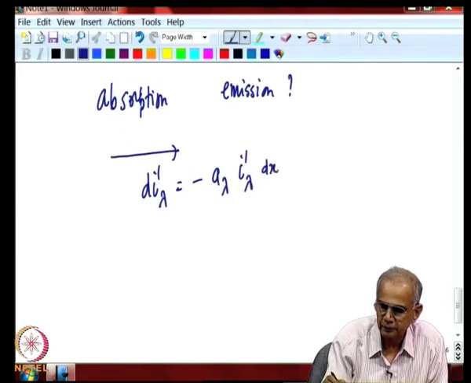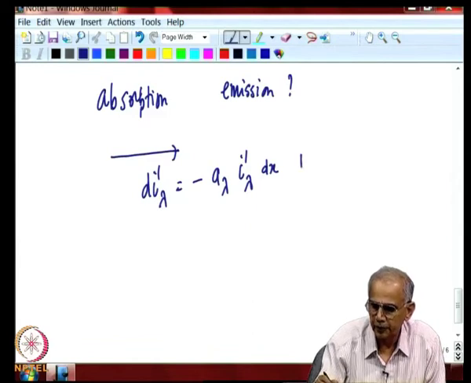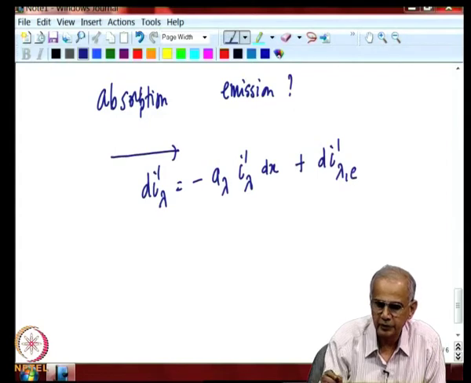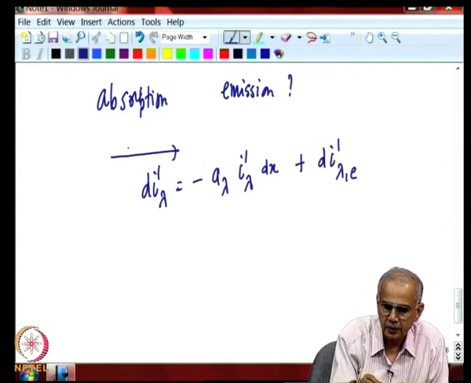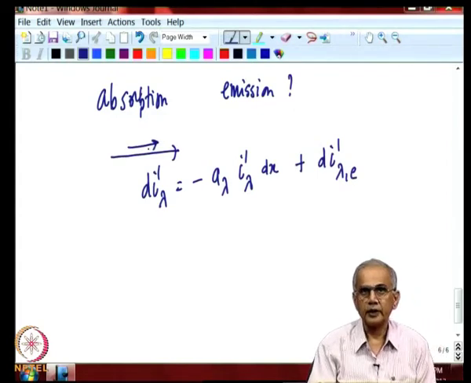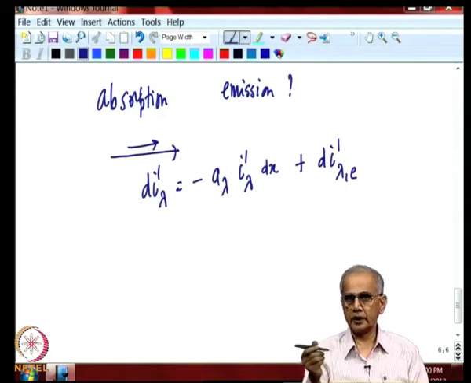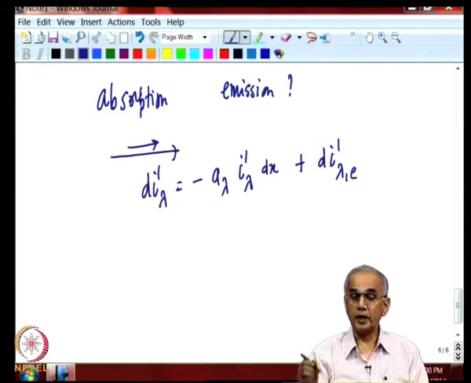This is this quantity, but there must also be an increase in the number of photons due to emission of the gas along that direction. So, gas emits radiation along the direction in which you are interested, and that depends upon the emissivity of the gas.